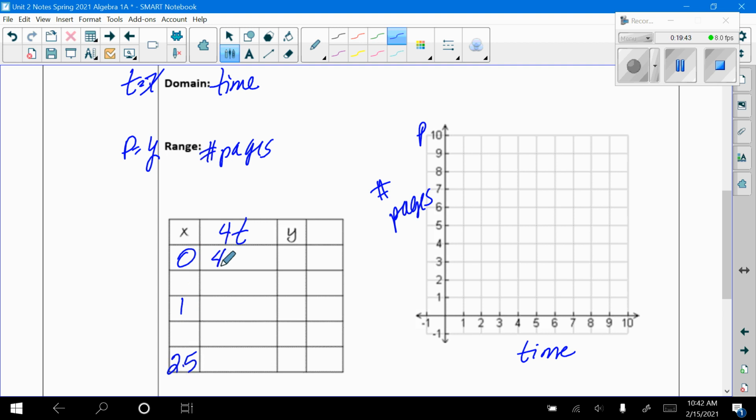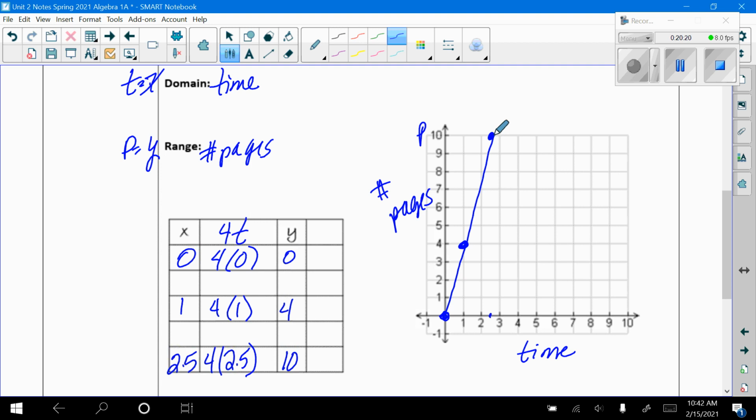4 times 0 is 0, so that goes right here. 4 times 1 is 4. And 4 times 2.5 gives me 10. So at 2.5, I'm going to be at 10. And it's at most, so we're going to go like this, and you can't go below 0.